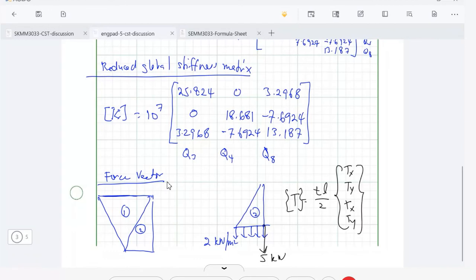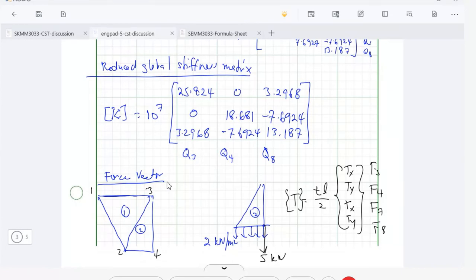Note that this is equivalent to our F3, F4, F7, F8, because if you look at this, it is nodes 1, 2, 3, 4. And the loads are at F7, F8, and F3 and F4. There's no load at F5 and F6.